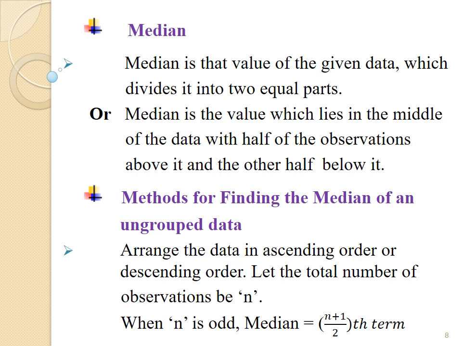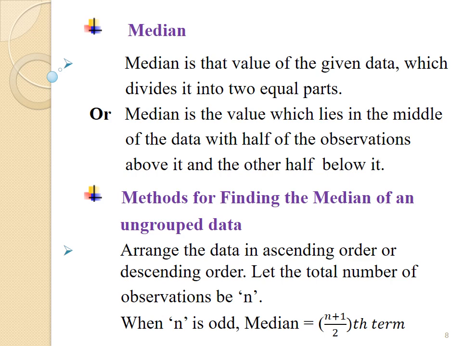So, we can conclude that the median is that value of the given data which divides data into exactly two parts, or median is the value which lies in the middle of the data with half of the observations above it and the other half below it.